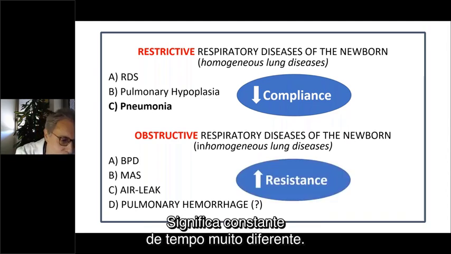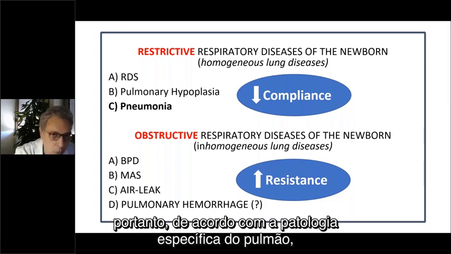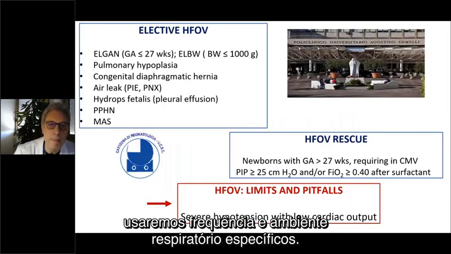It means very different time constants. You know that the time constant is the product of the compliance times the resistance. So, according to the specific pathology of the lung, we will use specific frequency and specific respiratory settings.